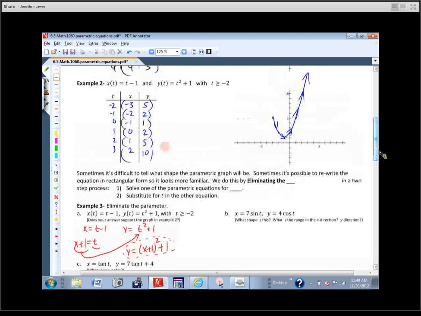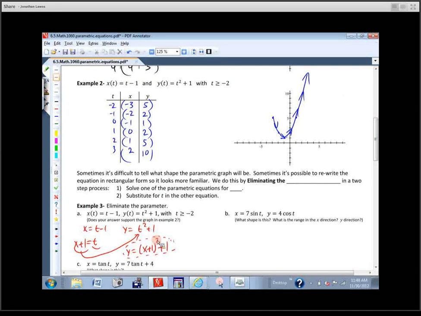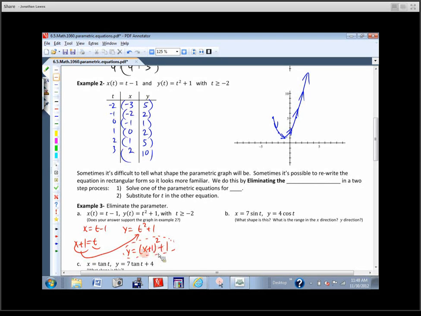Now, take a look at this. This should look familiar, because about a year ago, most of you were in Math 1010. What shape is this? Parabola. Where's the vertex? At negative 1, 1. And look where the vertex is right here, at negative 1, 1. So does this, in rectangular form, confirm that we have the correct shape on this parametric curve?